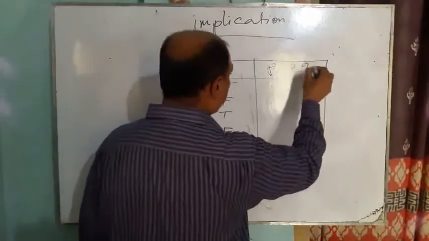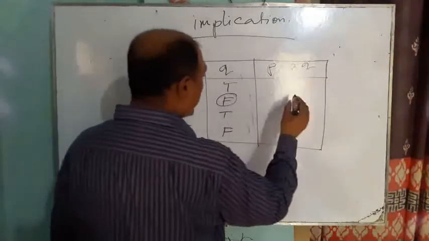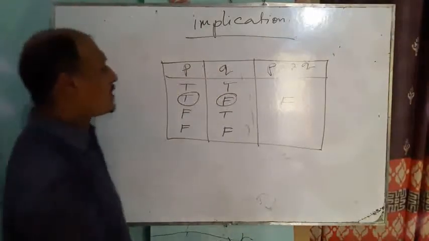P implies Q is false when P is true and Q is false. Then P implies Q is false, otherwise true.